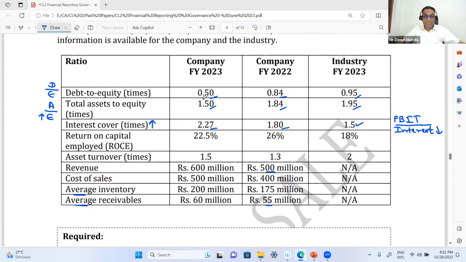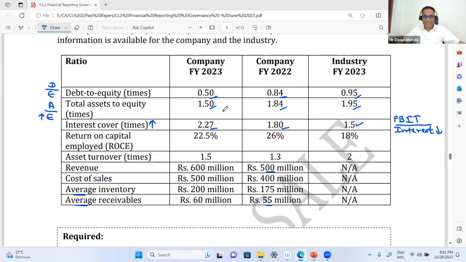That means gearing has been reduced, leverage has been reduced, and the company's gearing is less than the industry. So which indicates that the company's financial risk has come down compared with the last year, as well as it is lower than the industry.